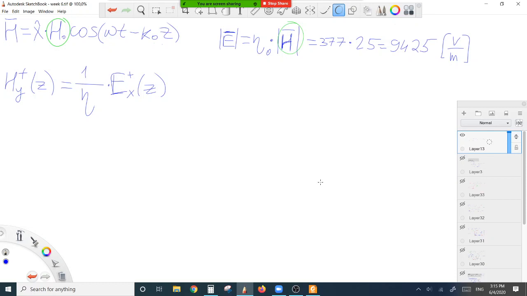In order to find the direction of the electric field intensity, we use Ampere's law in lossless media and in the frequency domain.